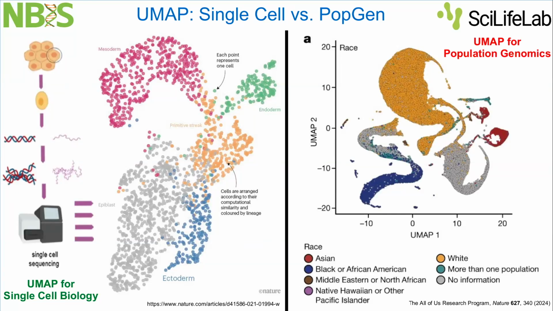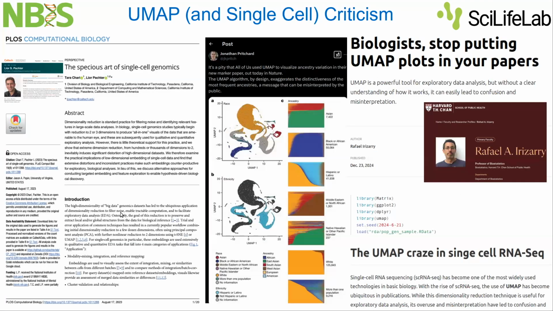And then maybe cell biology people got worried because, in cell biology, it's a gold standard and people are using UMAP by default. So if PopGen people criticize UMAP, what kind of reasons do they have? Indeed, many people in PopGen, such as Jonathan Pritchard, were posting that it's inappropriate to use UMAP.